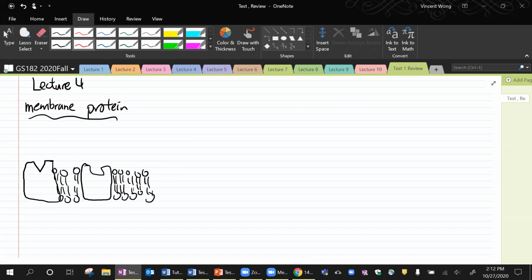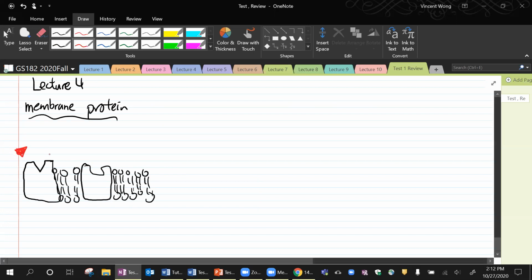So if I have a substrate here, it's going to go into enzyme number 1, and then it's going to spit out a product, and then that's going to go into enzyme number 2, and then it's going to create a final product. So this might be enzyme 1, and then enzyme 2. So that's one membrane protein function, enzymatic activity.